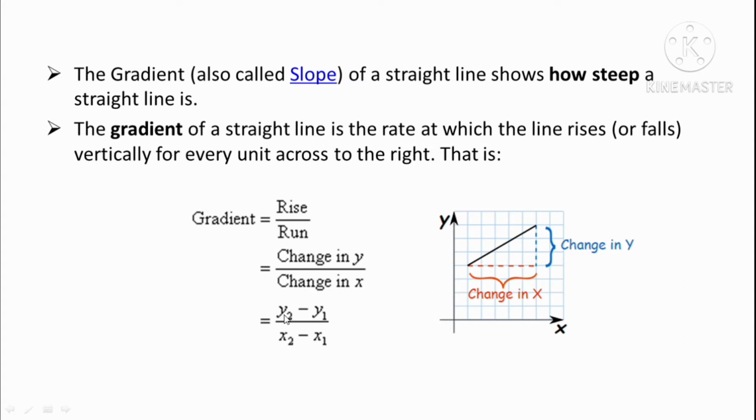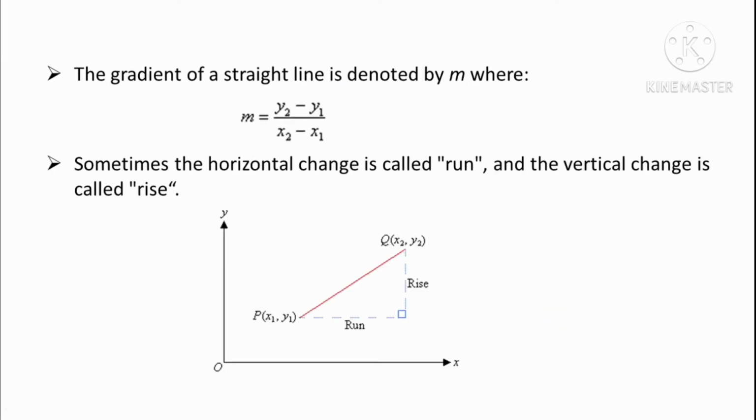And it can also be y2 minus y1 over x2 minus x1. The gradient of a straight line is denoted by m, where m equals y2 minus y1 over x2 minus x1.